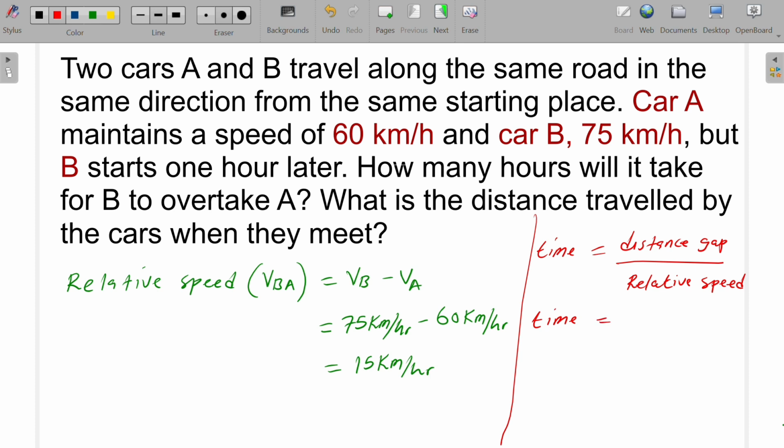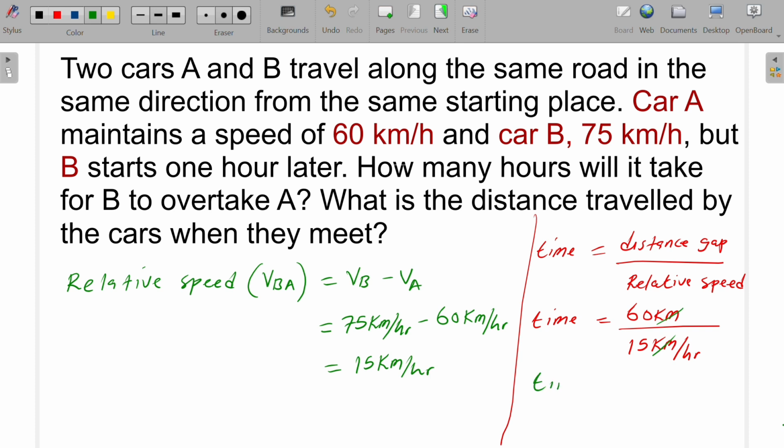So our time will be equal to the distance gap that we calculated earlier on, which is 60 kilometers. So 60 kilometers is the distance we found to say car B started after car A had covered a distance of 60 kilometers. Then divided by the relative speed, which is 15 kilometers per hour. We can see the unit of kilometers and kilometers will cancel, and our time will be in hours.